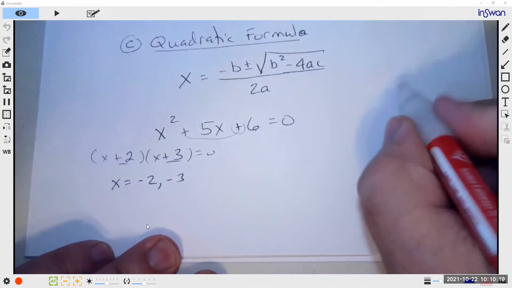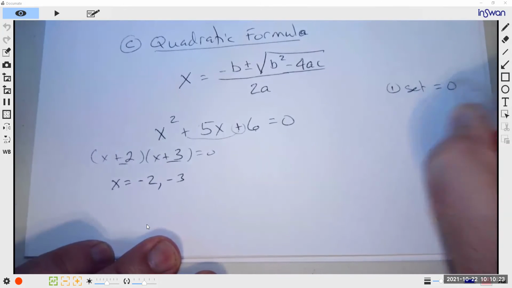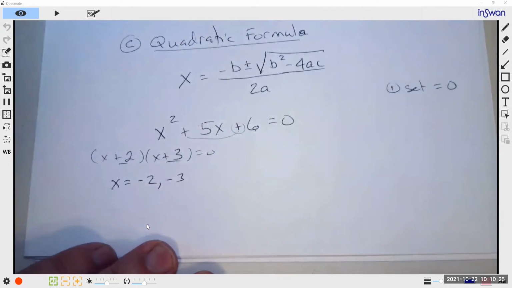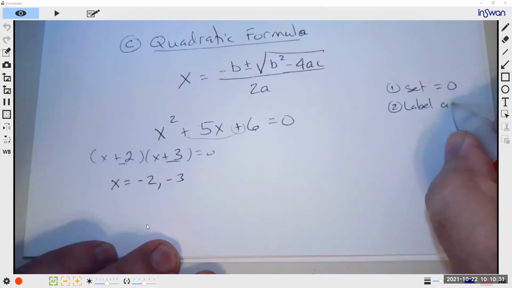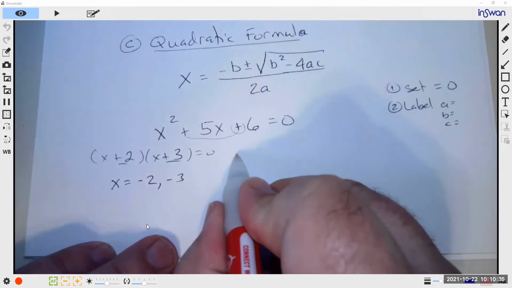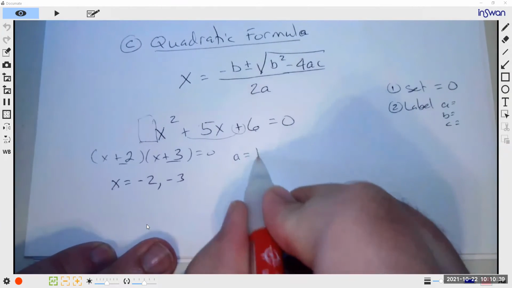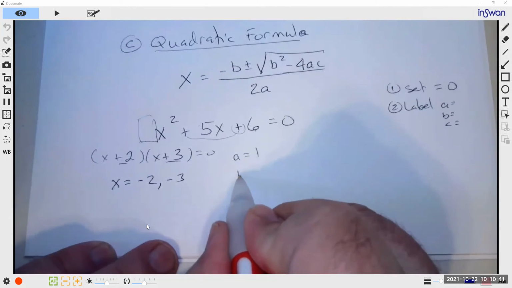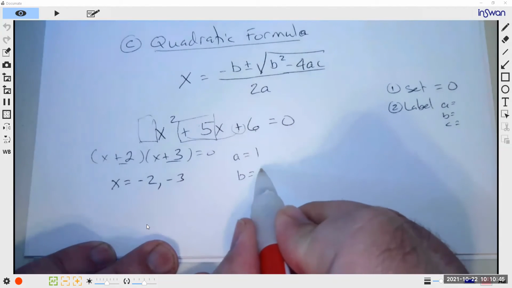So the first step, set the equation equal to 0. It has to be in standard form. Label A, B, C. A is whatever is in front of the x squared, which is 1. B is whatever is in front of the x, which is a positive 5.